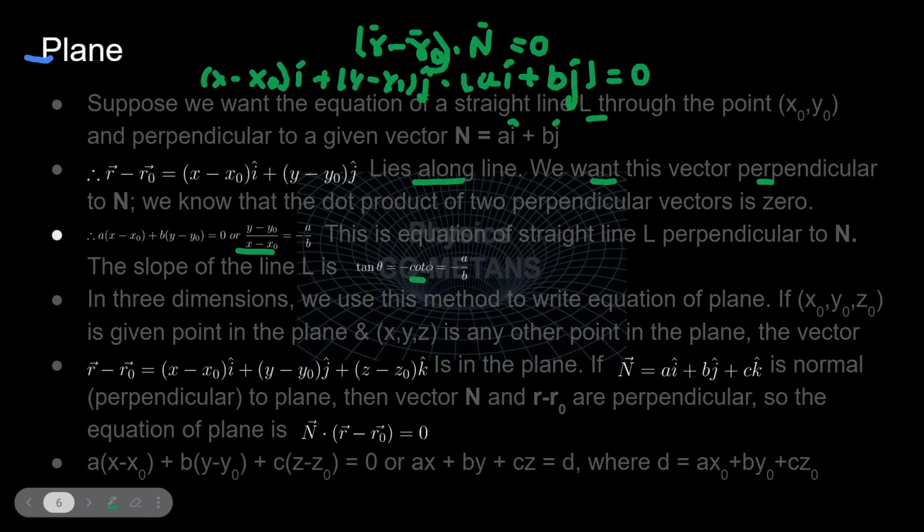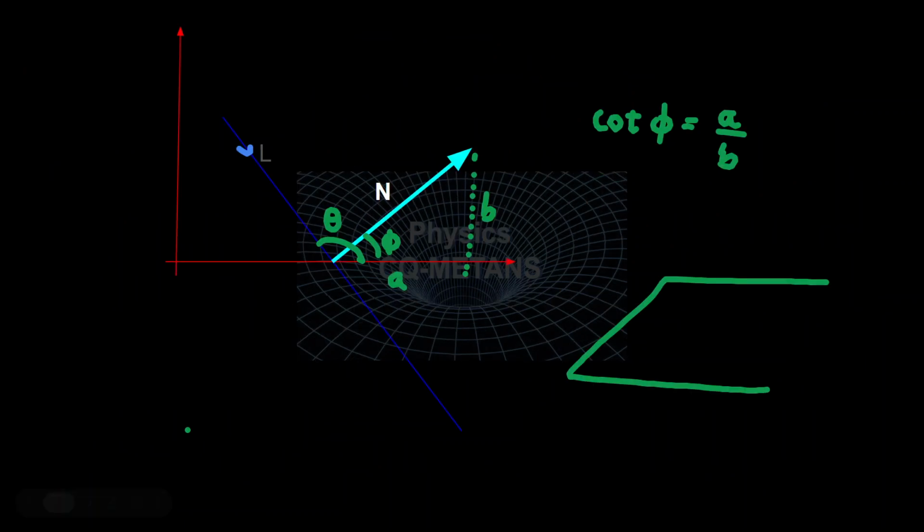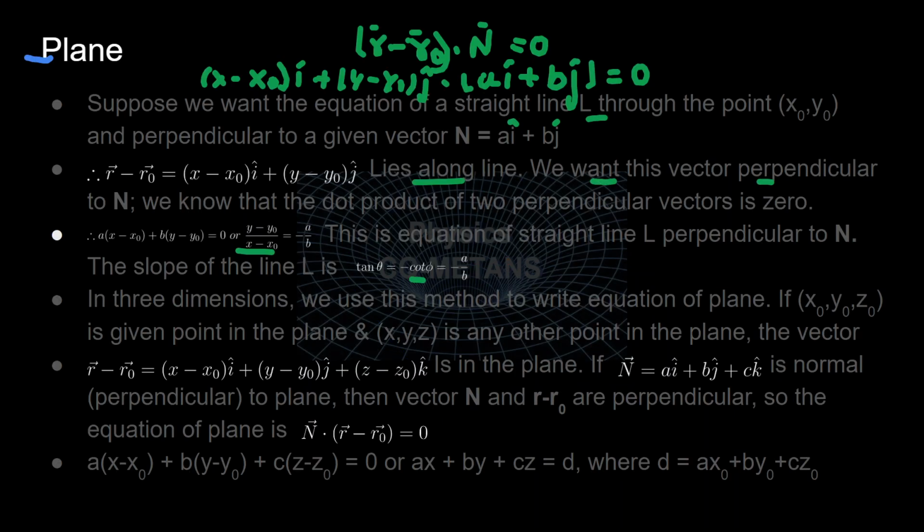Now let's suppose I have a plane. This is very important. Now we are extending it to three dimensions. We use the same method to write the equation of a plane.